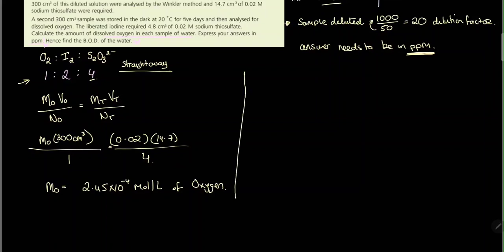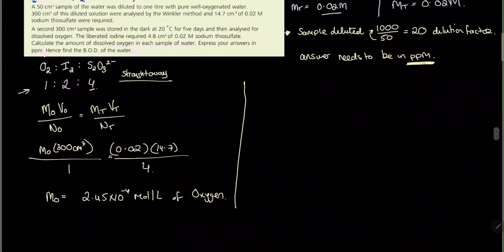Now I can do it again for the second titration, which was after 5 days. Set up the exact same formula, but we're just going to input different values now.